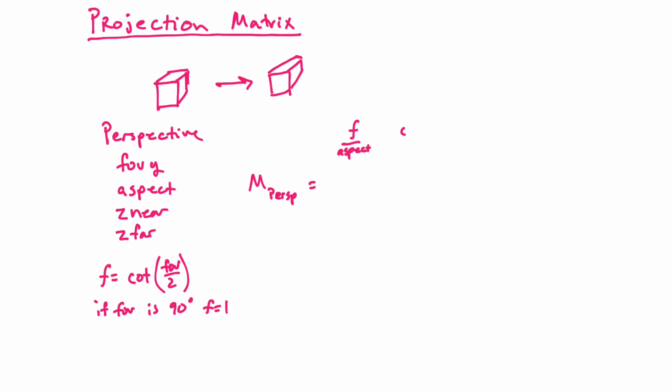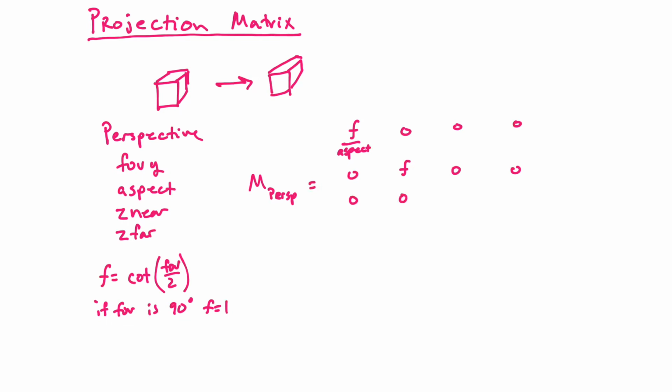And then go zeros for the rest of this first row. And then the Y is going to be just the stretching for the viewport, and zeros for the remaining row. And then next, we're going to do something interesting.